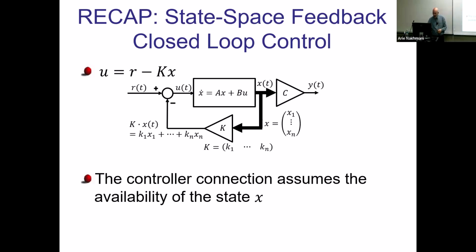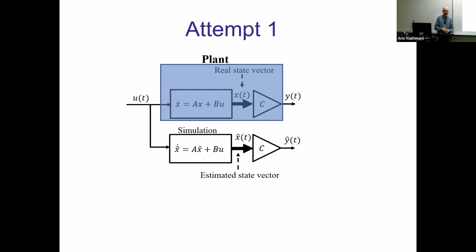So here is what we are trying to do, okay? This is our unsuccessful attempt number 1 for designing an observer. Just to remind you, an observer is something which takes input U, output Y, and tries to guess the state X. So you do not have state X, you cannot have access to it, because it's like a closed plant, right?